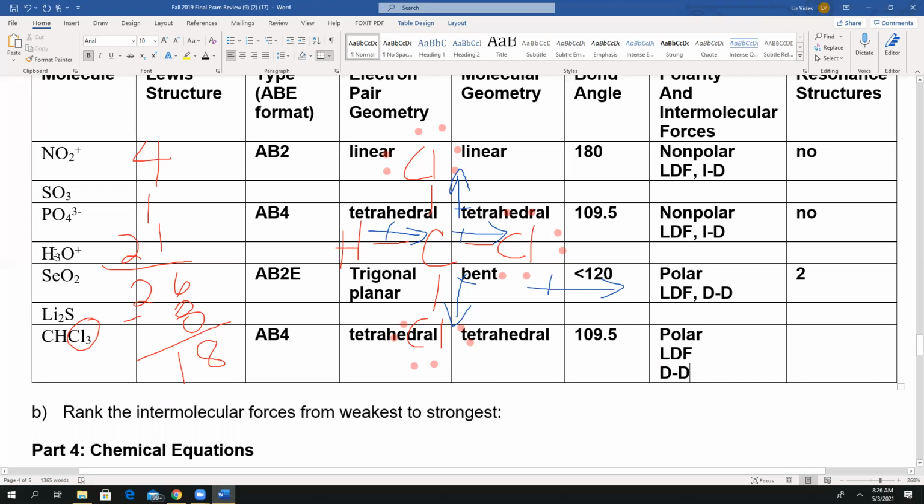You see that? That would make it polar. This one wasn't polar to begin with. So in order for you to have hydrogen bonding, the molecule has to be polar. And do we have any resonance structures? No. And that's it. Okay. That's the whole thing. Okay, let's clear all these drawings.